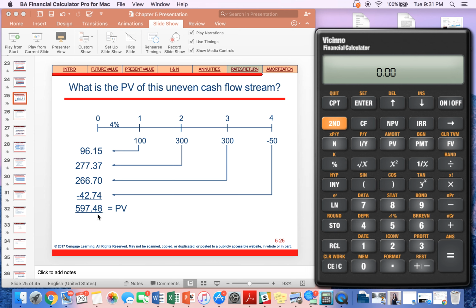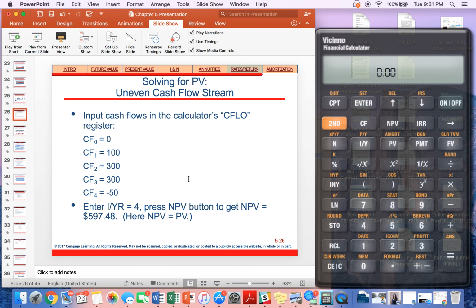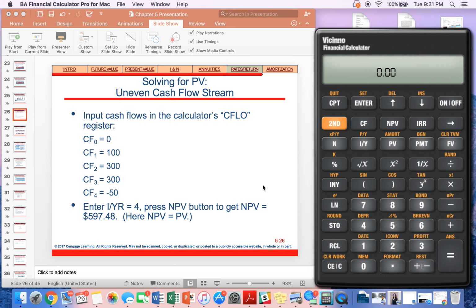The nice part about this BA II Plus calculator that we have is that it already has a cash flow function. So if we go to slide 26, instead of individually discounting each of those cash flows, we're going to use what we call the cash flow register in your calculator. Let's walk through this question.